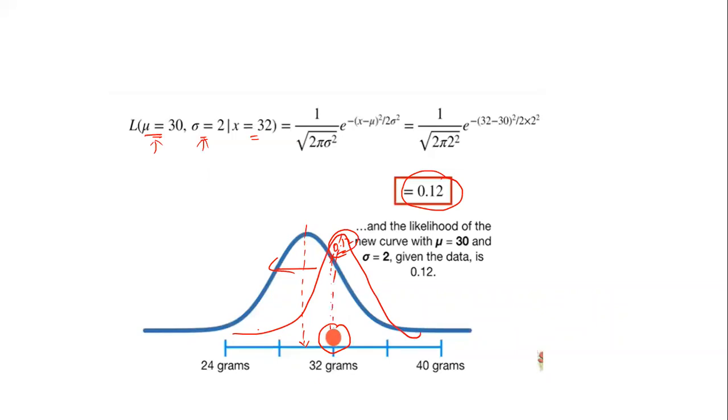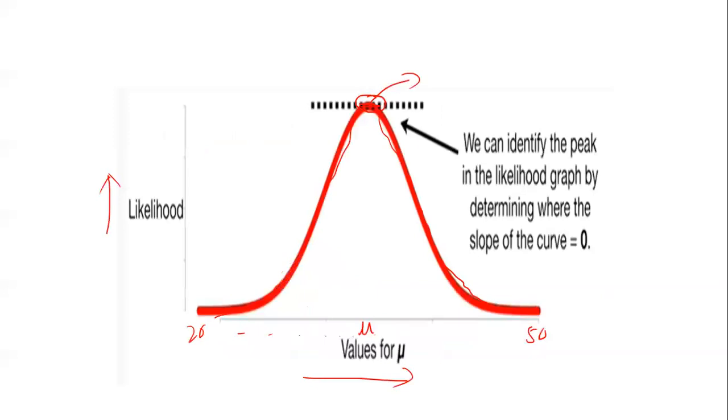For one value of mu you will get the highest peak, and there the slope will be 0. We have to identify the point where the slope is 0, because only then are you going to get the highest likelihood value, and that mu we have to find out. This is what we are expected to find.